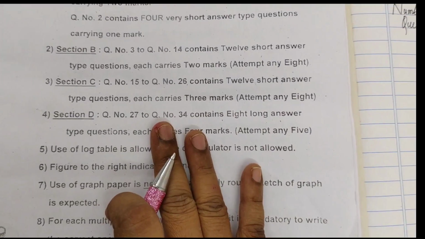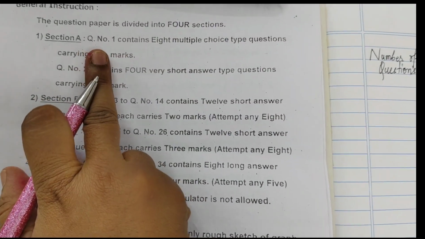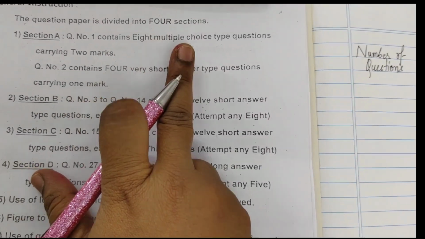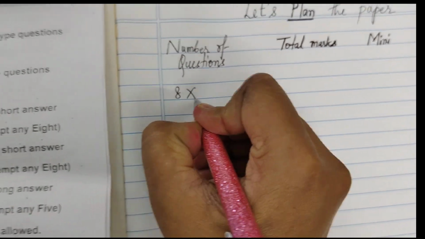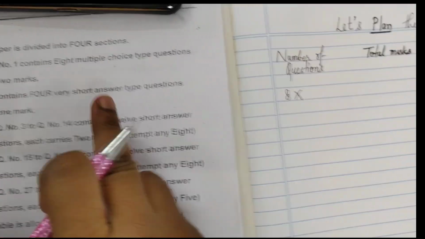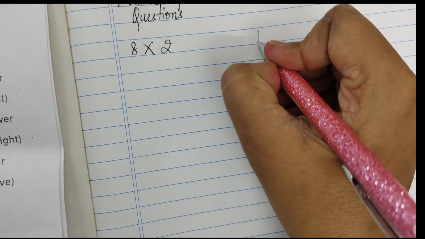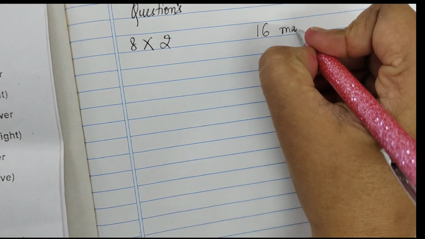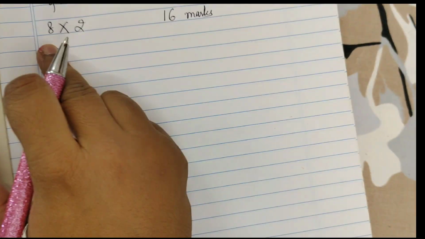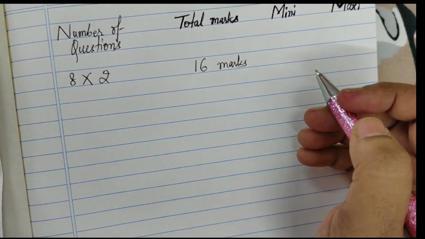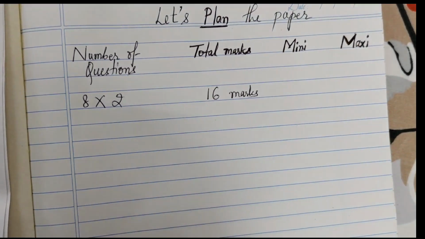Here this paper is having section A. Question number 1 contains 8 MCQ questions, and each carries 2 marks. So 8 2s are 16. Here you have to score a total of 16 marks, but it is an MCQ type question, and now you have to keep practicing in such a way that it takes maximum 1 minute to solve.